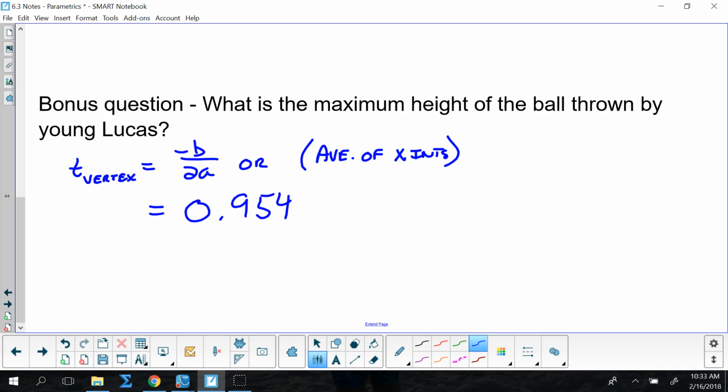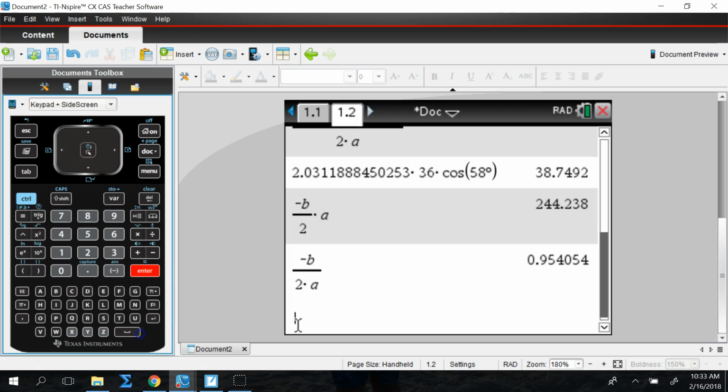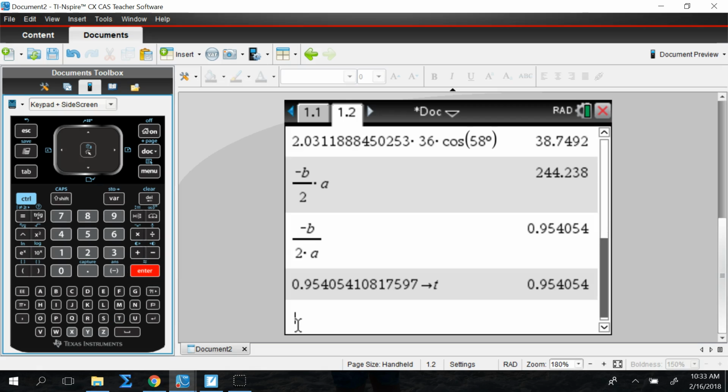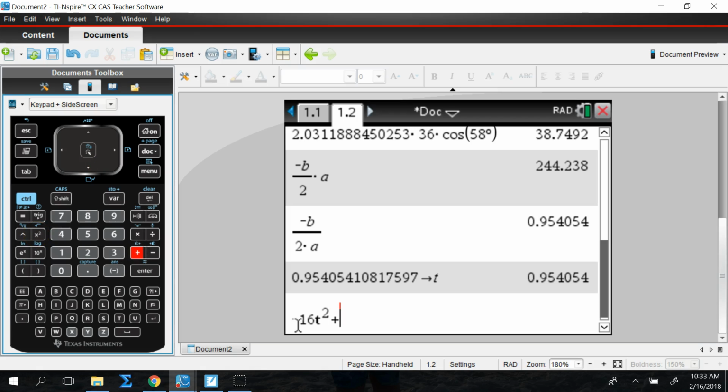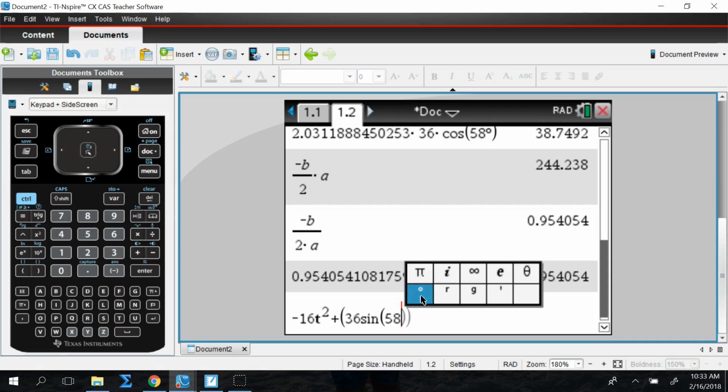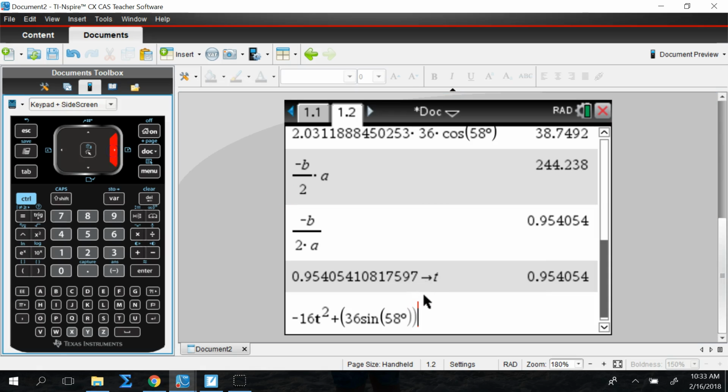So I can store that now as my t, because now I want to put that into negative 16 t squared plus 36 times the sine of 58 degrees times t plus 4.